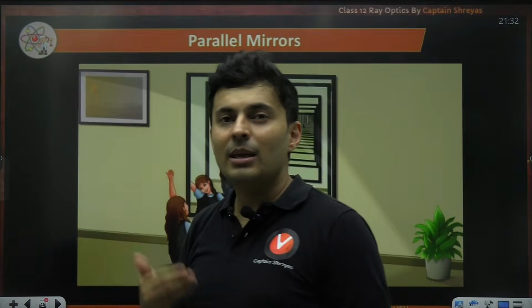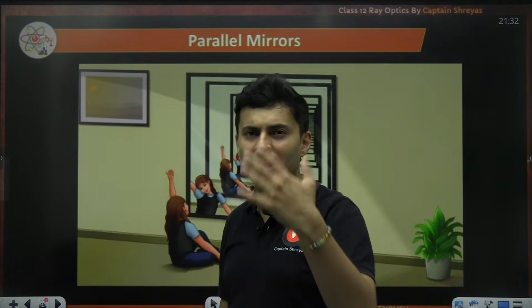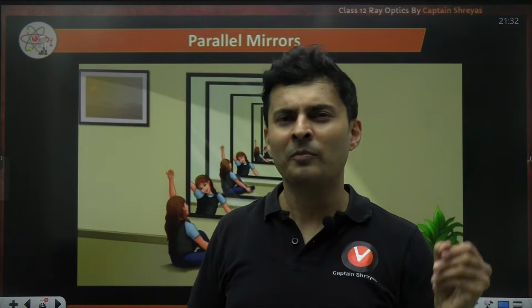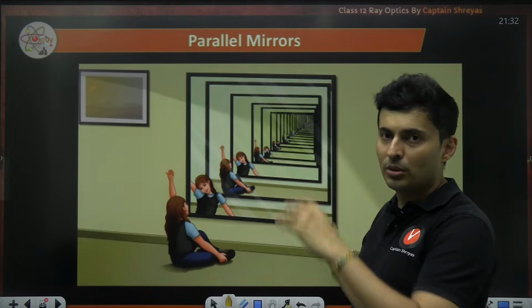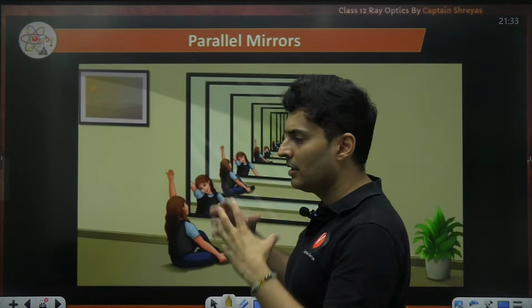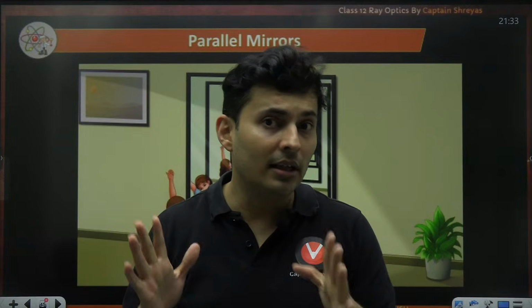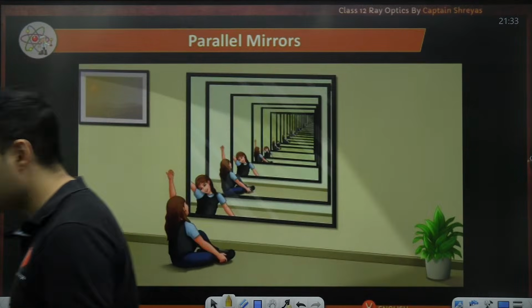So the images will definitely get faded, and after a threshold where your human eye cannot detect that brightness, you will not be able to see those infinite images. Obviously it will be a finite number of images because of the threshold limitation of your eyes and the diffusion, spreading and absorption of light rays. Otherwise, ideally, if you had infinite perfect reflectors, you would see infinite images.